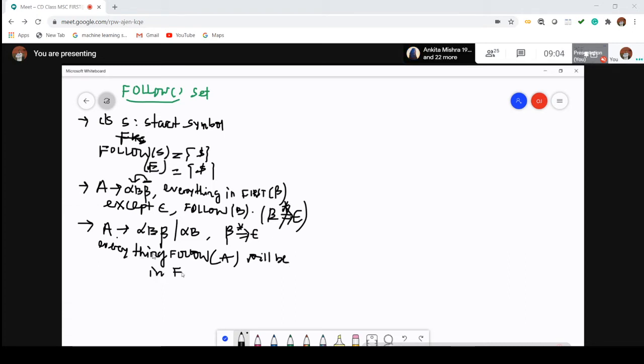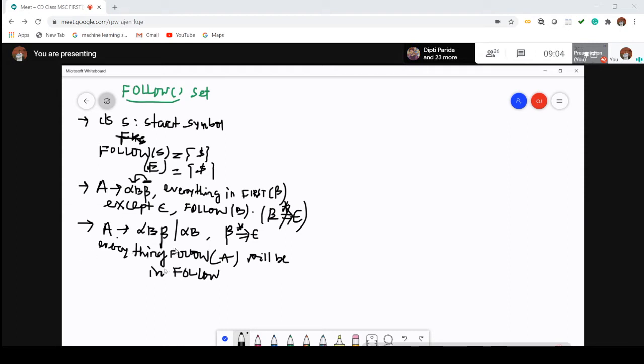So what exactly is the third rule? If the productions are associated with epsilon, you use this rule; if not, you go for the earlier one.